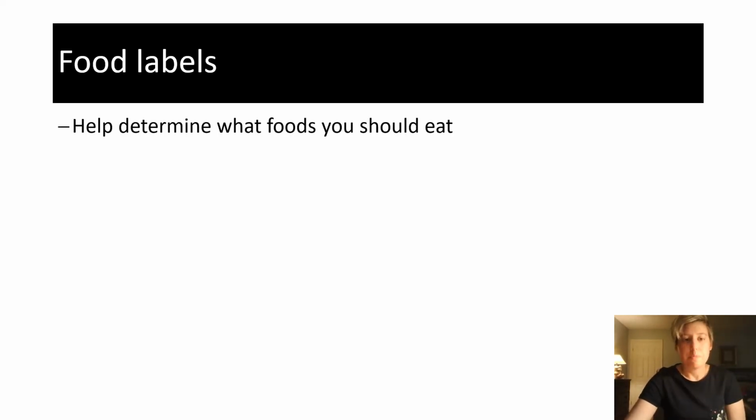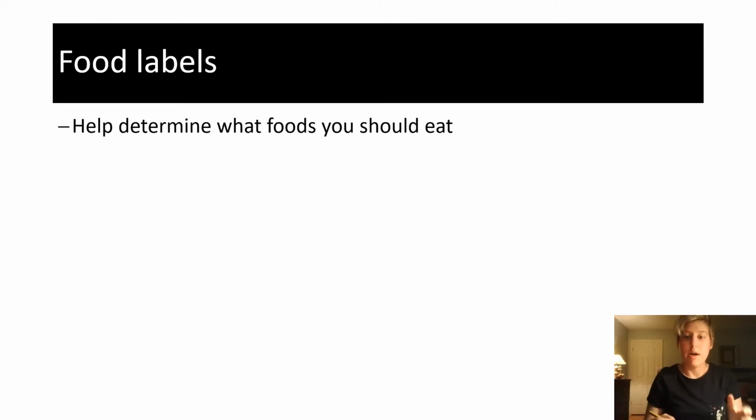So food labels really help determine what foods you should eat. And by law, anything that has been processed must have a food label. So if you notice, anything that is packaged and processed has to have a food label. The only things that don't have food labels are fresh fruits and fresh meats.